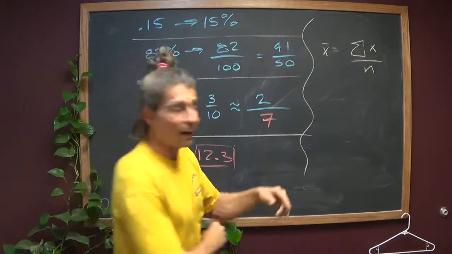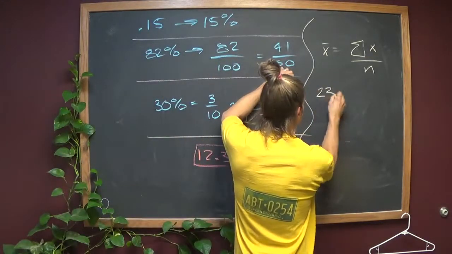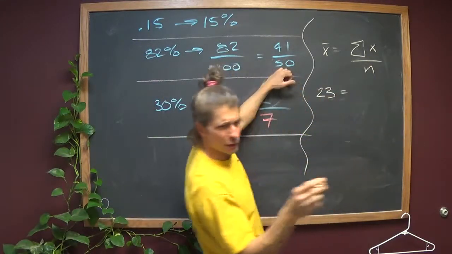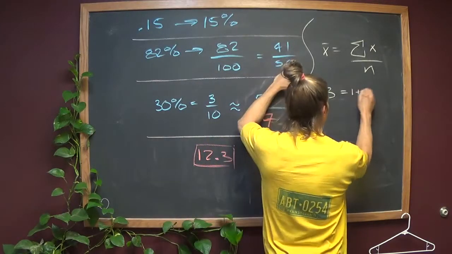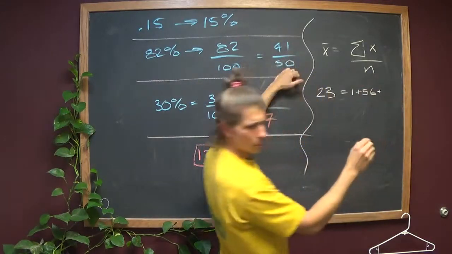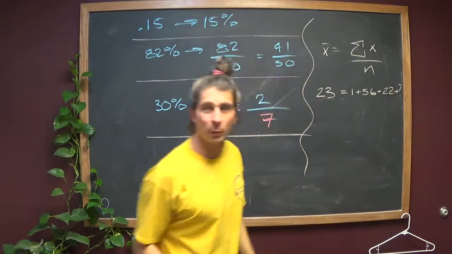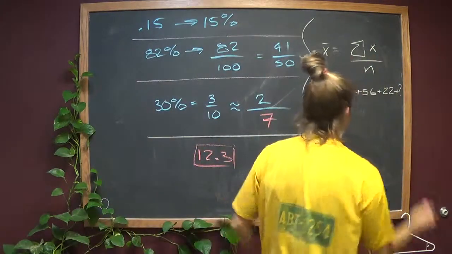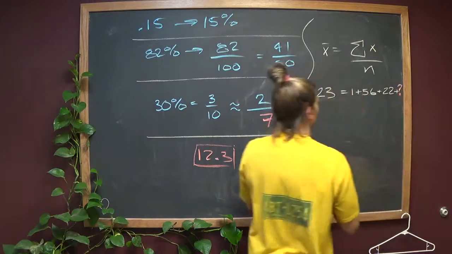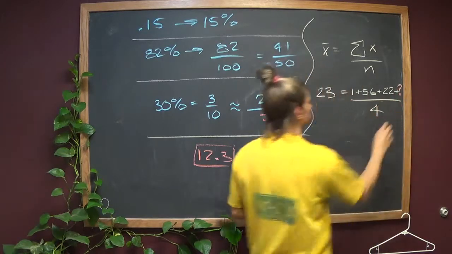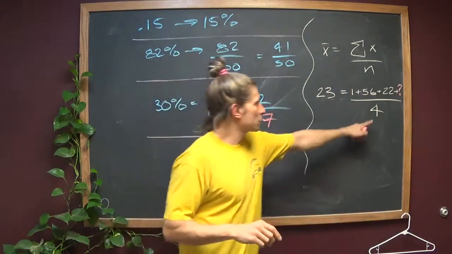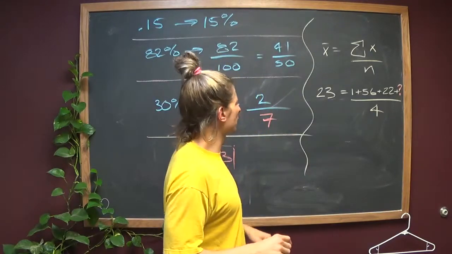Okay? So the average is 23. The sum of the data values is 1 plus 56 plus 22 plus something. I'm going to call that a question mark. Let's make it a colorful one too so it stands out. And that must be divided by 4. So 4 times 23 is going to give us, what is that?